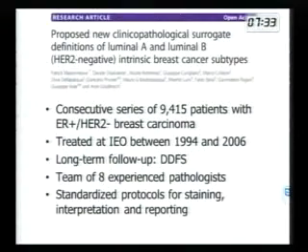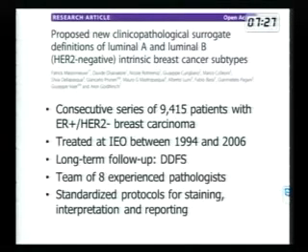So with this addition, we went back from the St. Gallen consensus to Milano, and I wanted to double-check whether the 2013 definition of luminal A and luminal B was actually available and was working in the clinical practice. So we looked back at a consecutive series of more than 9,000 patients in our institution.